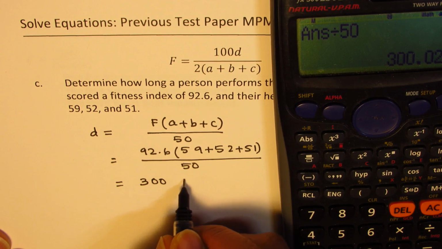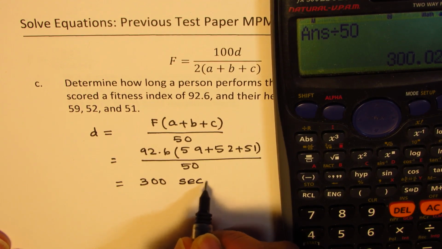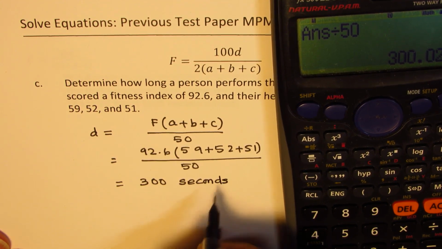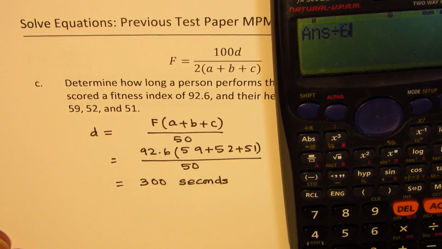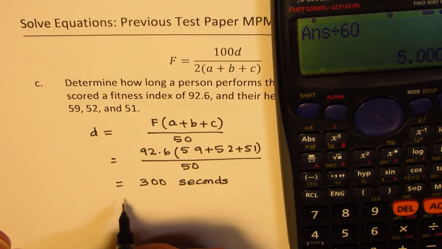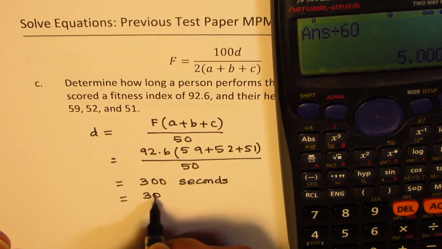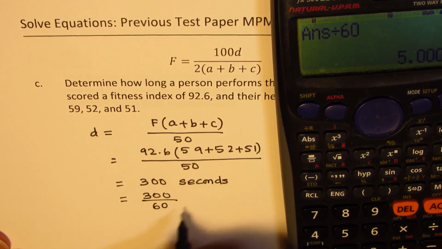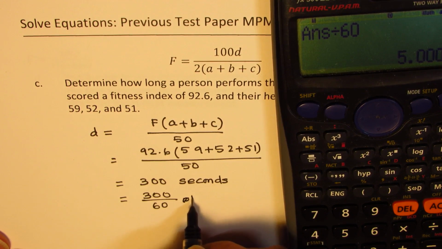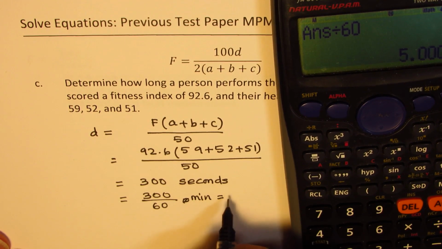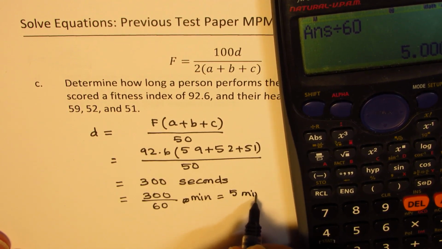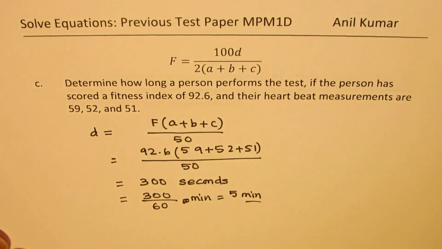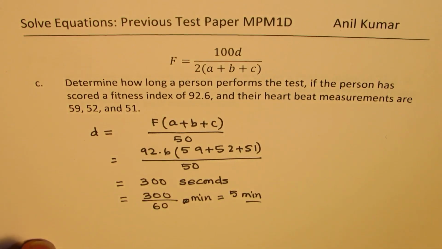So 300 seconds, right? So it is in seconds. We can actually divide this by 60 to get time in minutes, which is 300 by 60, or 5 minutes. Is that clear? So the value of D is 5 minutes.